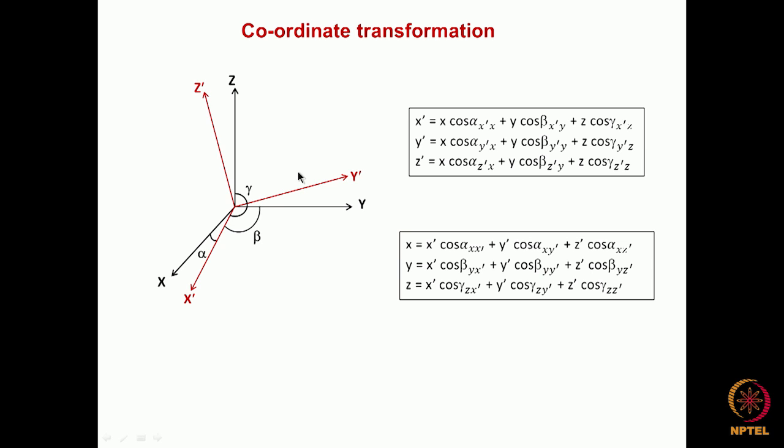Okay. If we want to transform from one coordinate system to another, what we should know is, with respect to the x dash coordinate, for example, what is going to be its component, essentially its component in the x axis, y axis and the z axis of the old coordinate system. If we know that information, then we can represent this coordinate.